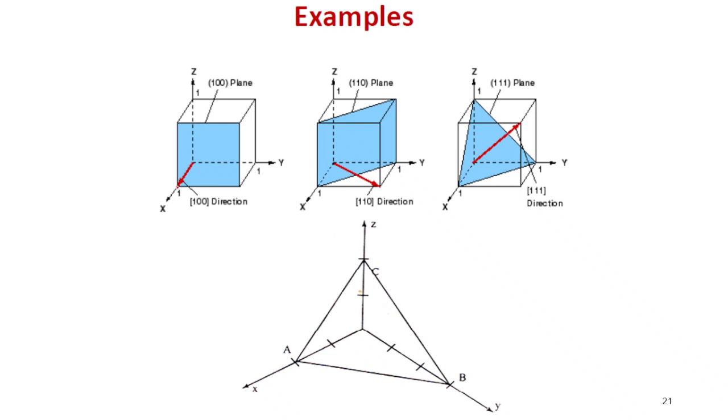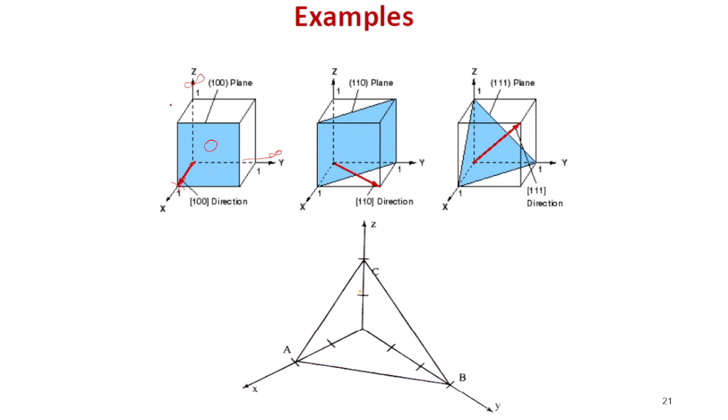Where on the x-axis it is 1. Say this is fixed as the origin over here. So from the origin this is at a distance of 1, and when it comes to y or z, it is actually infinite.